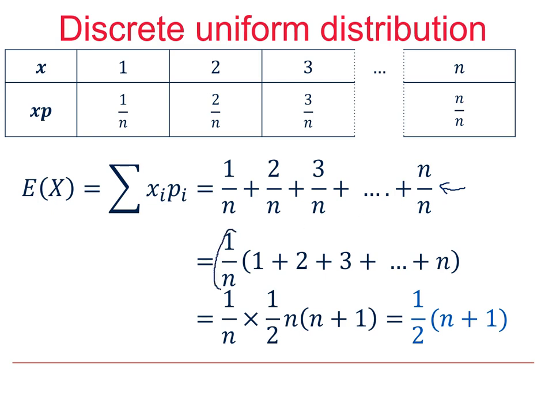If we take out 1/n, because n is a denominator for all these terms here, we then simply have the sum of the first n integers inside these brackets, and you should be familiar with the fact that the sum of the first n integers is a half multiplied by n multiplied by n plus 1, and then we can cancel the two n's and we're left with our result here in blue for the mean, or the expected value, for a general discrete uniform distribution where x takes the values 1 to n.